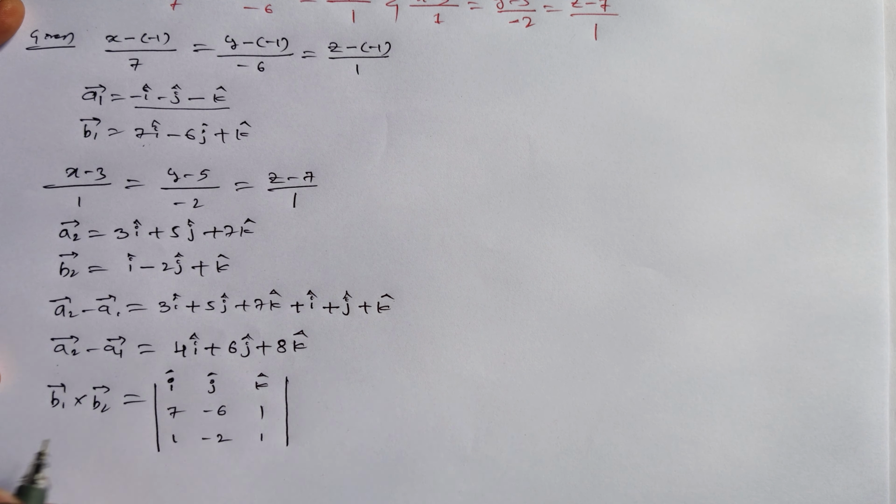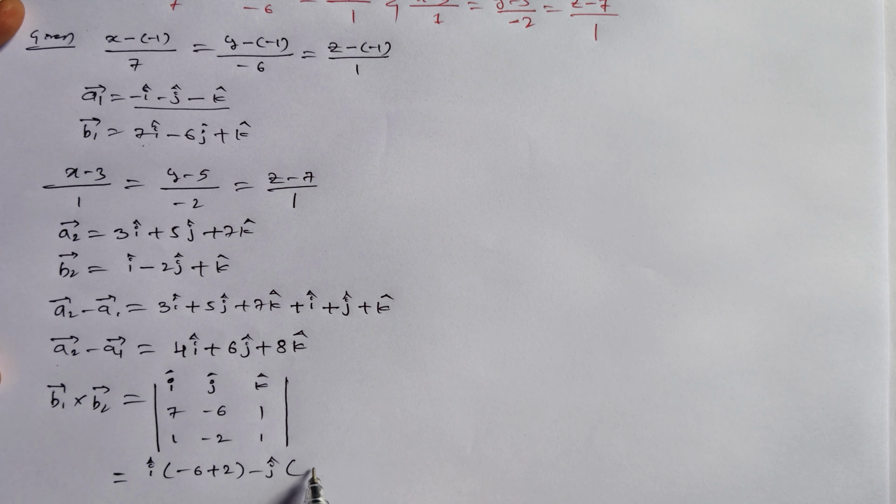Okay, expand it and see what happens. So that is equal to i into minus 6 plus 2, minus j into 7 minus 1, plus k into minus 14 plus 6, right?